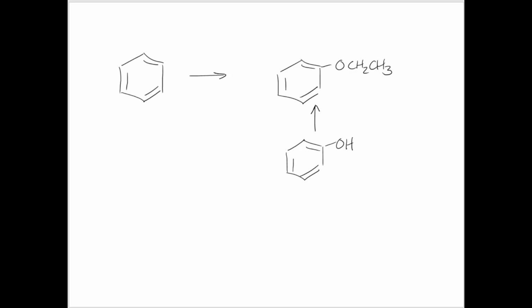And if you're kind of thinking, well, wait, how would you do that? The way that we would do that is simply by converting in this case, the phenol, which is what this is, into the corresponding alkoxide, or what is called a phenoxide, and then reacting the phenoxide with a CH3CH2Cl group, so that it would basically do an SN2 reaction to give me then the ethoxy group, to convert basically the phenol into an ethoxy.